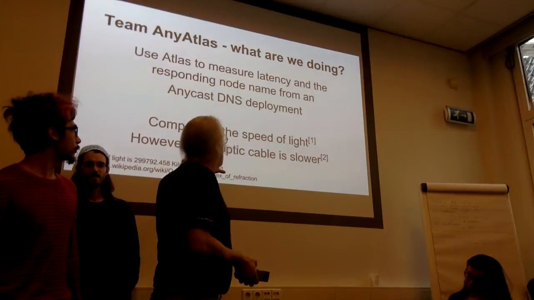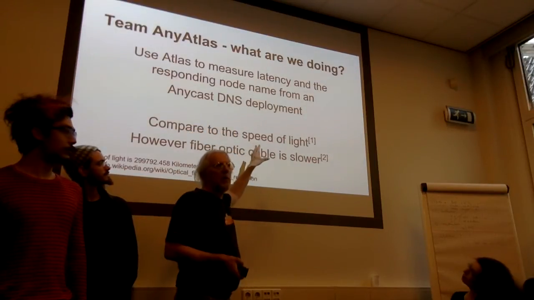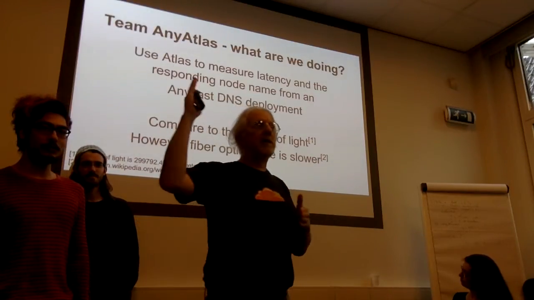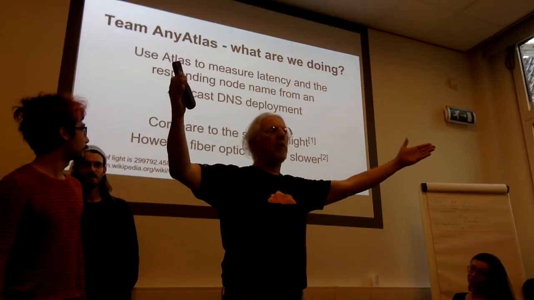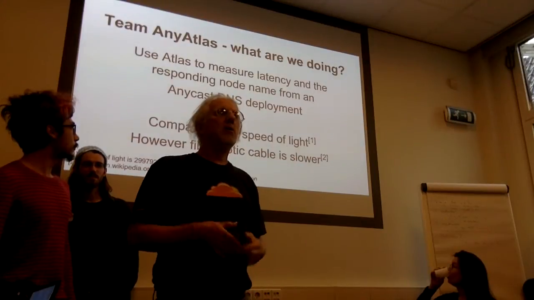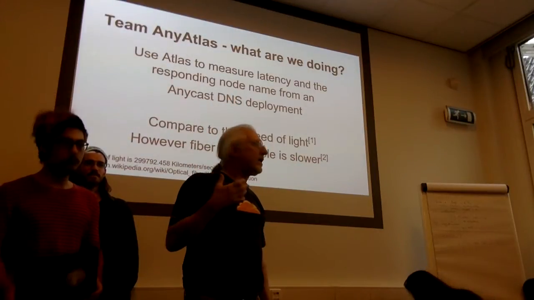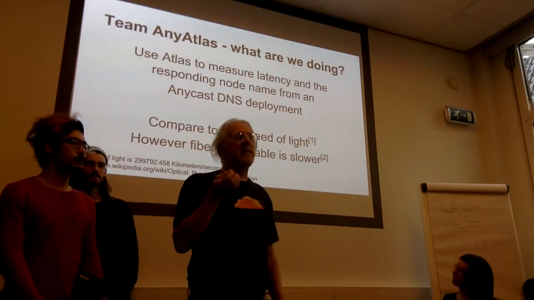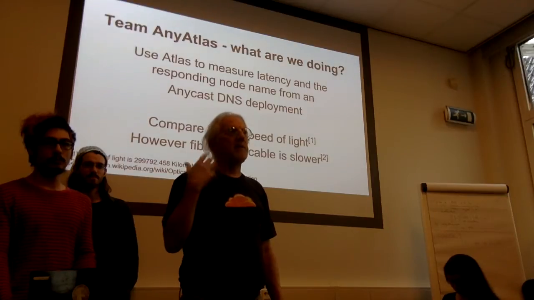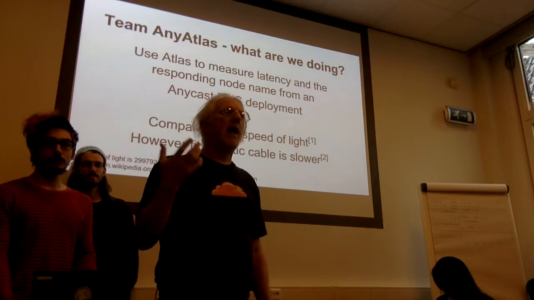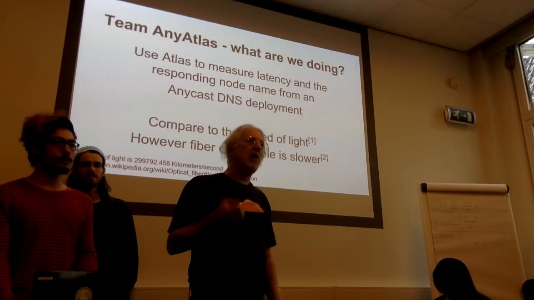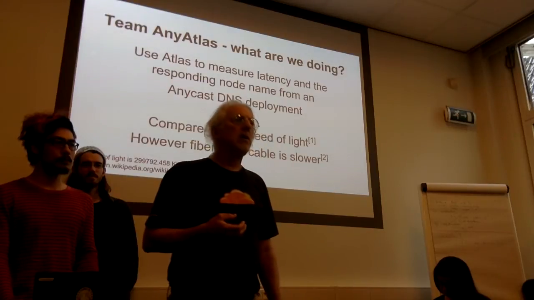So we've used this concept, the speed of light. It's a pretty big constant, but it tells you literally how long it takes to go from here to here. Except for in the internet, when you deal with fiber optic cable, things run a little slower. So what we've sort of tried to do is take the latency that's measured by a probe, convert that to what that distance would be, take the speed of light converted to fiber between where the geographic location of a probe is and where we think the destination is, and measure it.